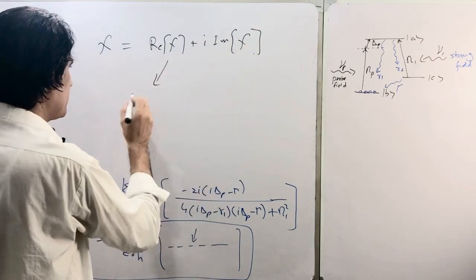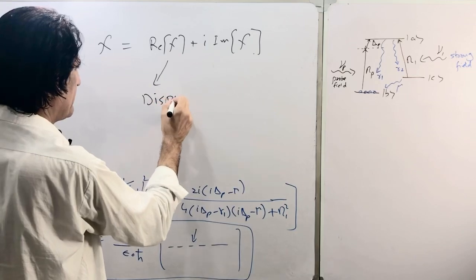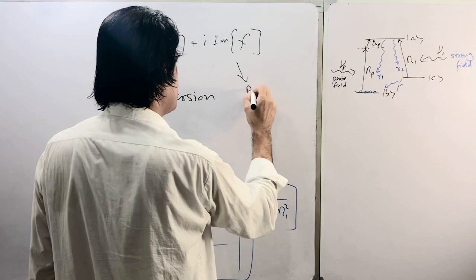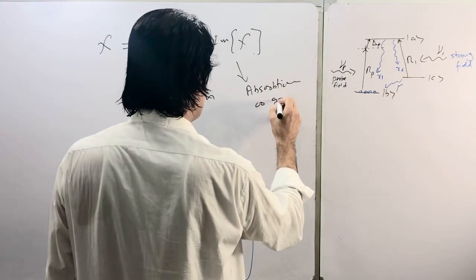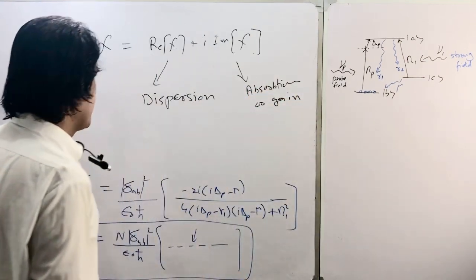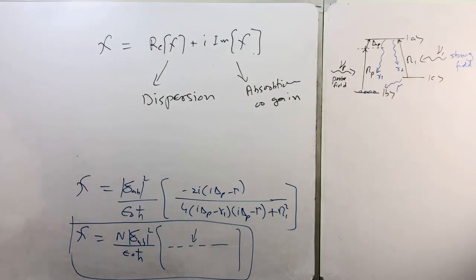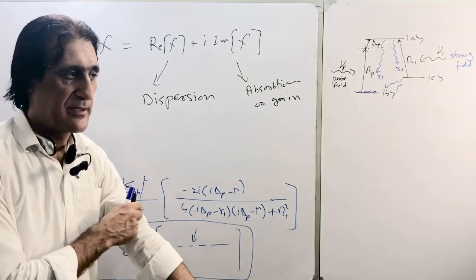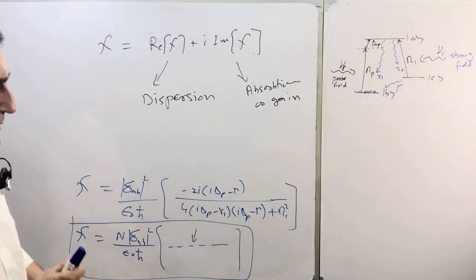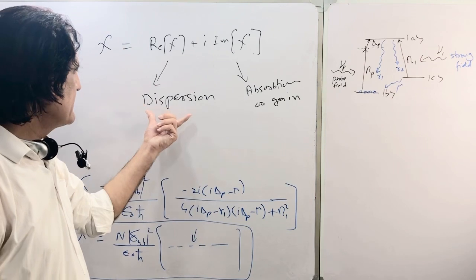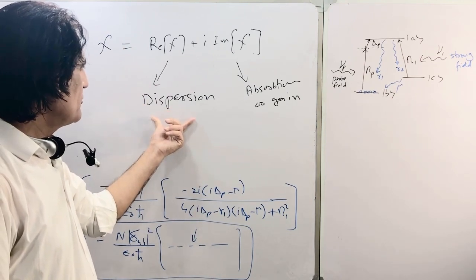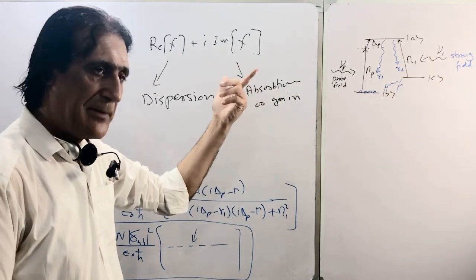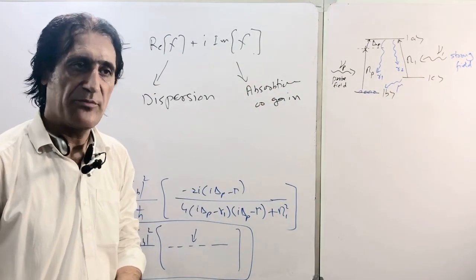This part gives us the dispersion and this part gives us absorption, and gain as well. Why is this dispersion, why is this absorption? This is related to the phase and this is related to the amplitude of the probe.